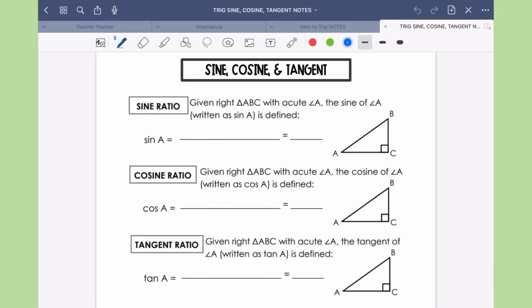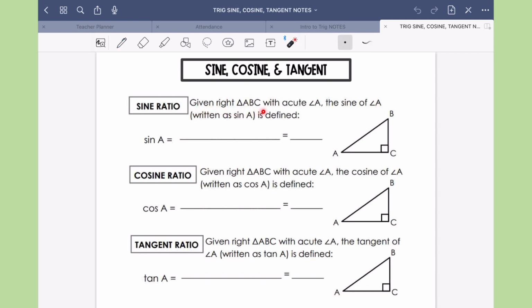Sine, cosine, and tangent. We are going to get started by setting up the trig ratios. Sine, cosine, and tangent are our three trig functions, and each one is very specific on how it is set up and how we use it. We're going to start with sine.